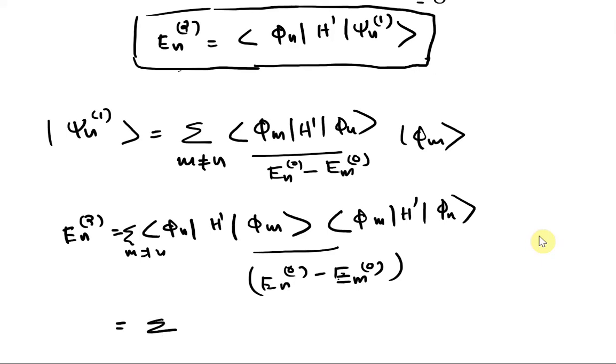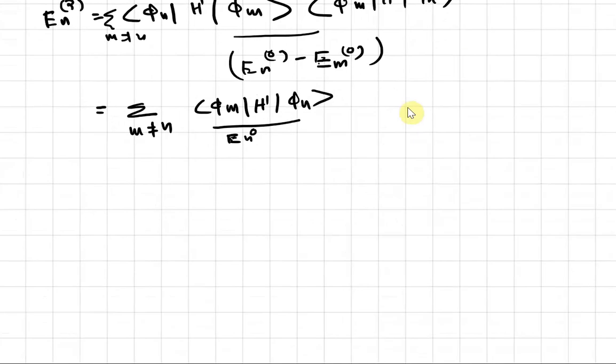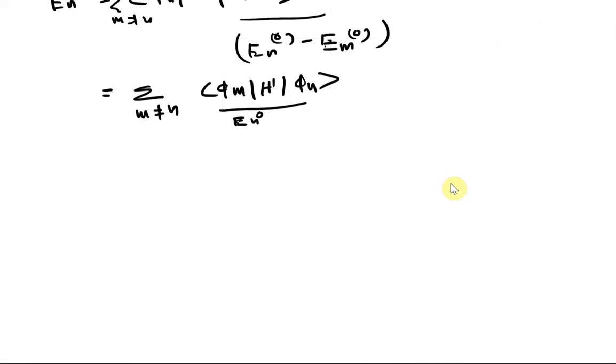Sigma m not equal to n, phi m h prime phi n squared divided by En0 minus Em0.